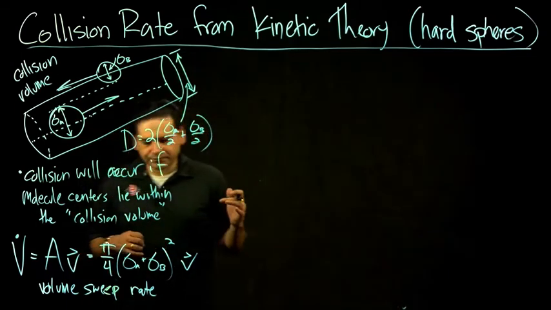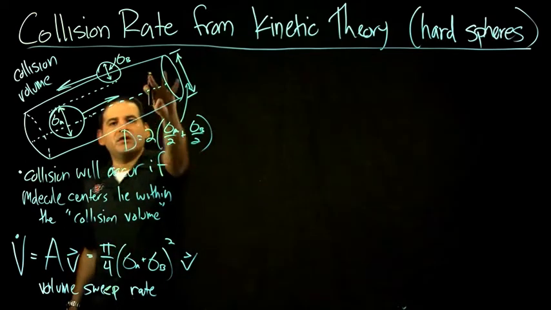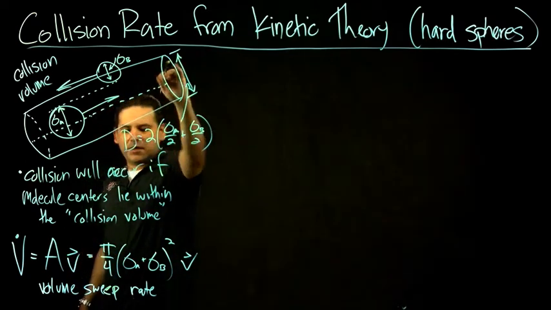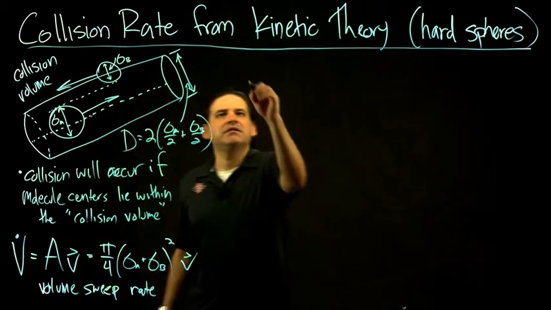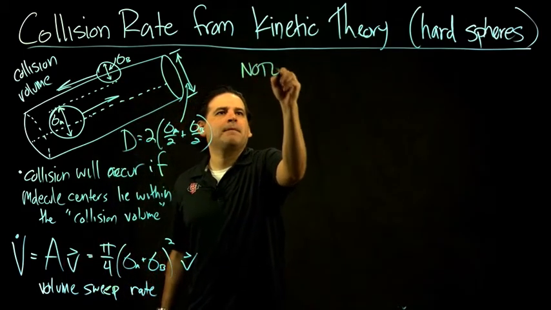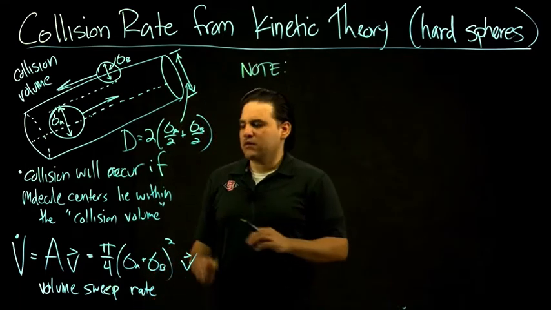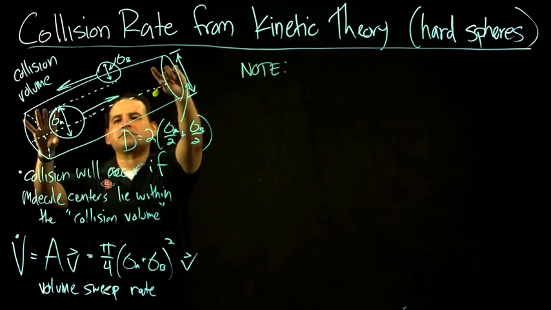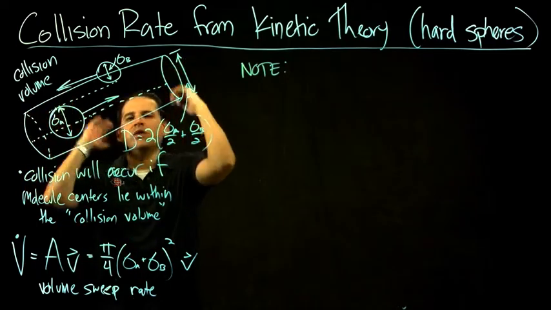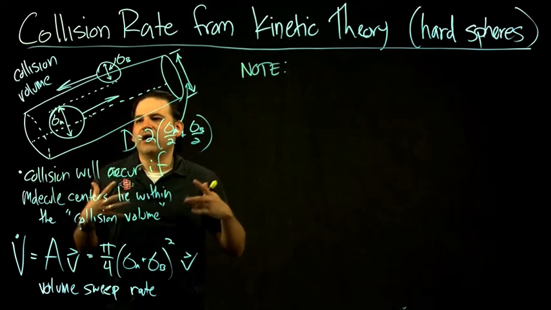Okay? So this is the diameter of that cylinder that we're talking about. A very important note that can be confusing, because what we're talking about is a nice intuitive cylinder: will these particles collide? Yes, they will collide if they're close enough. How do we quantify how close they are?